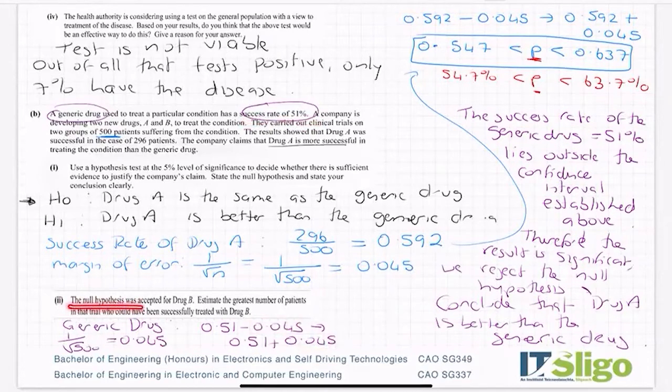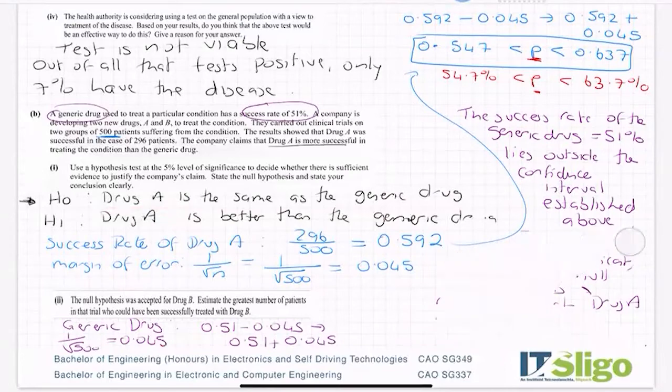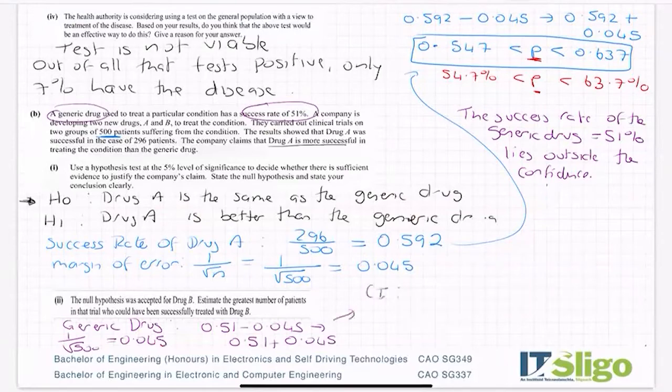Why? Because we said the null hypothesis was that drug B is the same as the generic drug. What you'll find then is your confidence interval, often called CI, is 0.51 minus 0.045, so I am getting 0.465, less than P, less than 0.555.